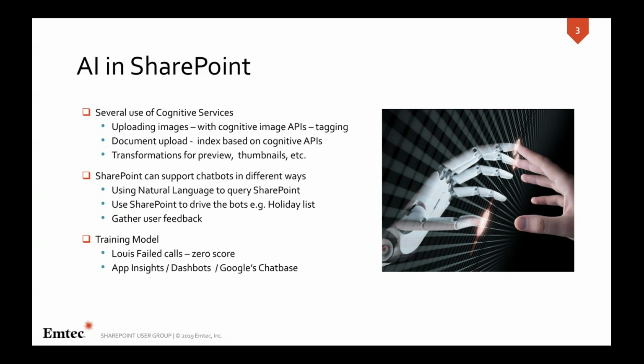When you're uploading documents, there could be indexing based on the cognitive APIs. And recently there was a launch of a service where you could go to audio and video files and get to the transcripts of those and figure out exactly the content you're looking for. So all of that can be built in to search the content in the SharePoint world. There can be transformations, specifically for Adobe files and things like that, that you could use on top of it to generate previews and thumbnails by use of cognitive services, which will make the overall user experience seamless, right?